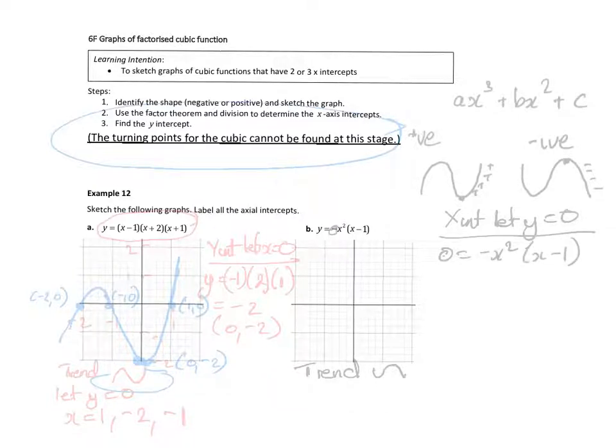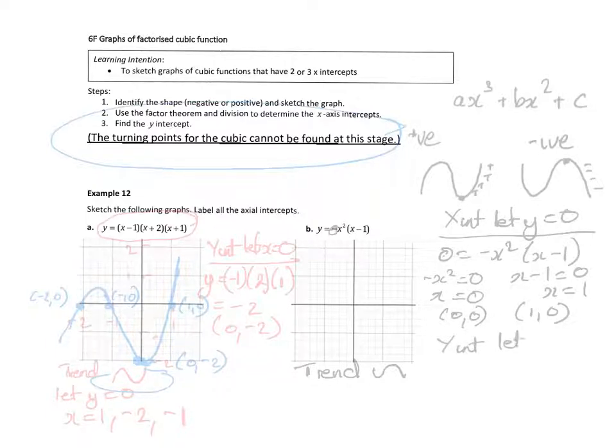It's just the null factor law, just like what we did in part A. So minus x squared equals 0, so x is equal to 0. Plus or minus 0 is just 0. x minus 1 is 0, so x is equal to 1. So our x-intercepts are 0, 0 and 1, 0. What is our y-intercept here?